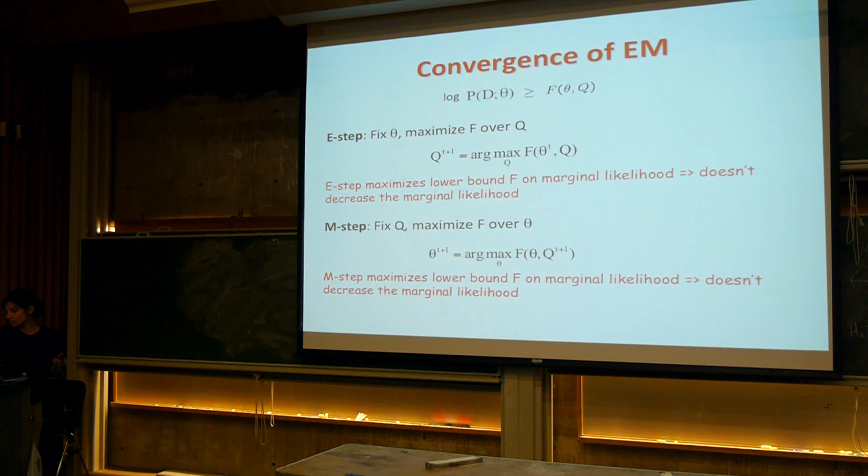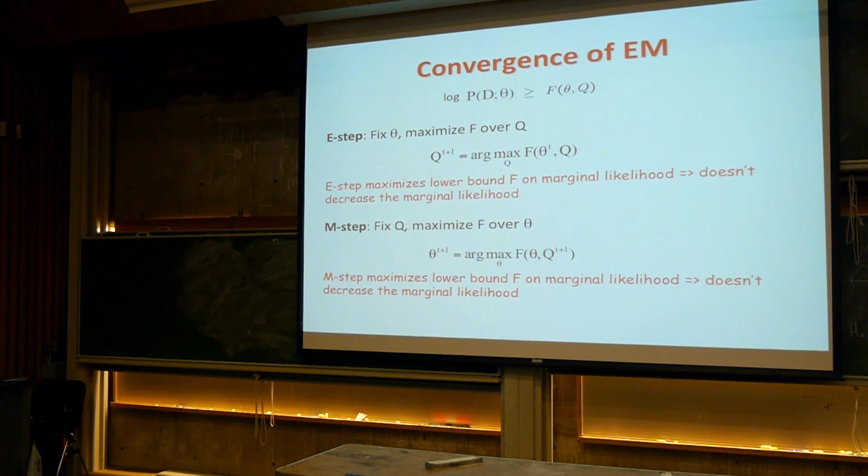Why do we expect convergence? So first of all, what is this telling us? Say we start at some initial values of theta and q. We have some value of f of theta and q. The E step is finding a q that only increases this f value. And the M step is further increasing the value.